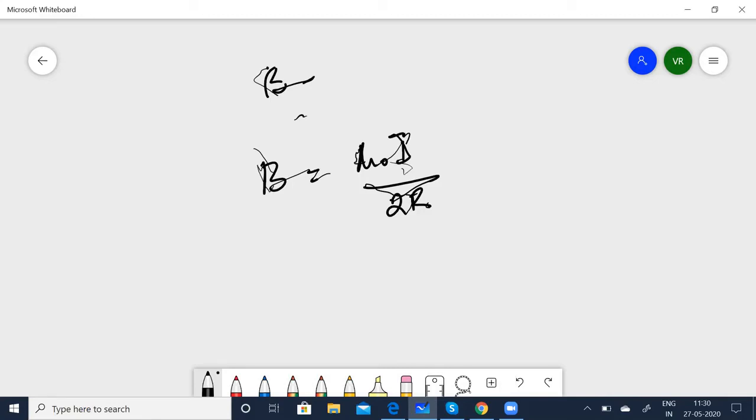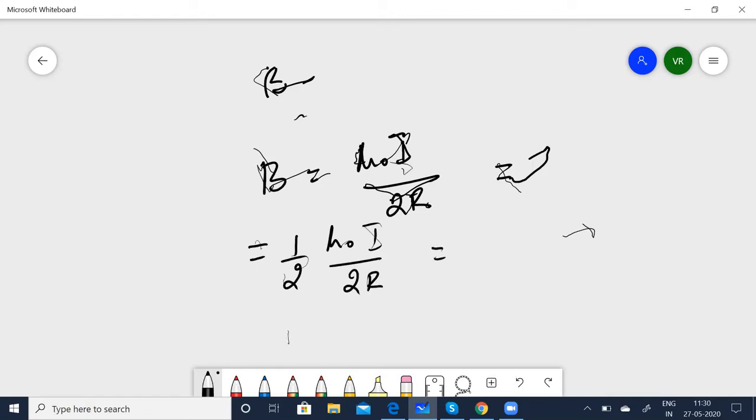But this is now going to be a half loop. You can see that it is a half loop. So it is now going to be half of this. So it is now going to be half of mu 0 I by 2R. Having known all the values, it is going to be pretty easy.